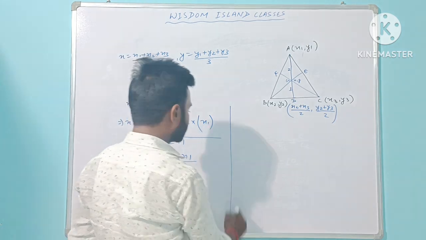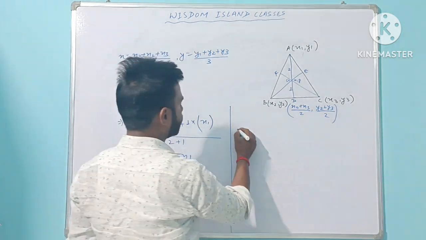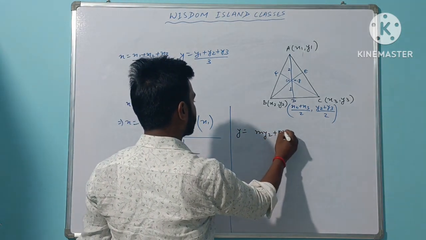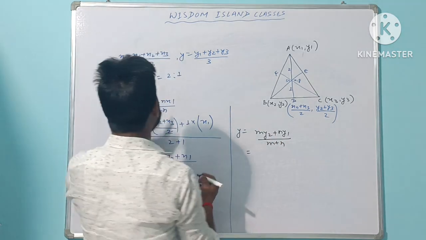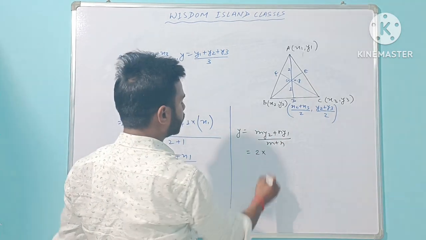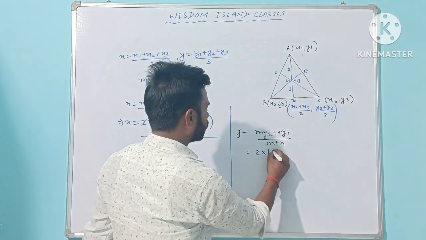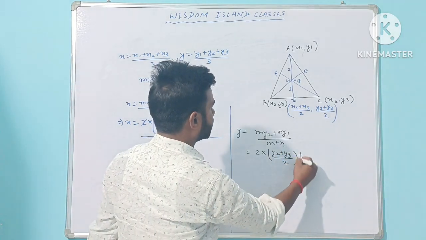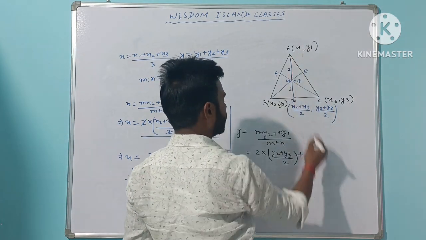Now y. In the same way, once again we will calculate y also. By section formula we know that y is equal to my2 plus ny1 by m plus n. Here m is how much? Of course it is 2. So 2 into y2, and y2 is this one, y2 plus y3 by 2, plus n is how much? 1. 1 into y1 is y1.